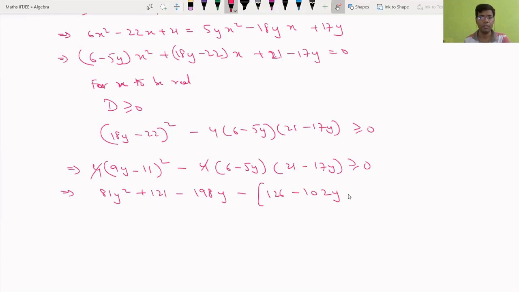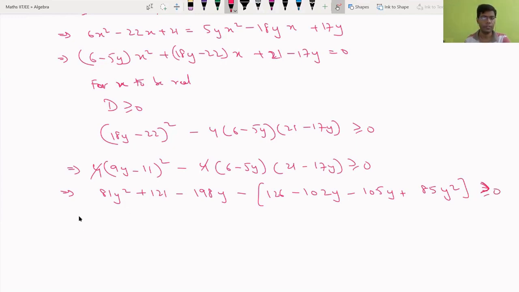This will be minus 105y plus 85y square, greater than or equal to 0.